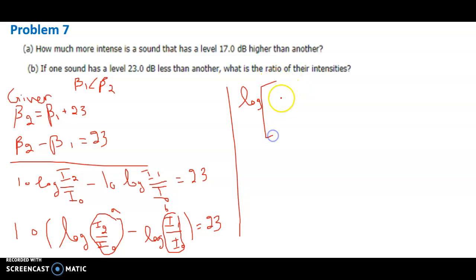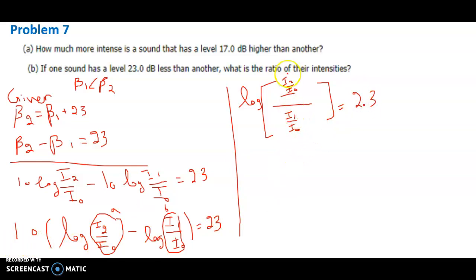So we can say that it's log of I2 over I0, which is A, over I1 over I0. This is equal to 2.3 because we also divided by 10 both sides.